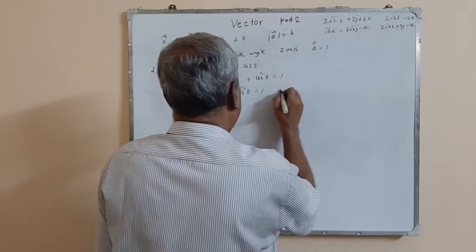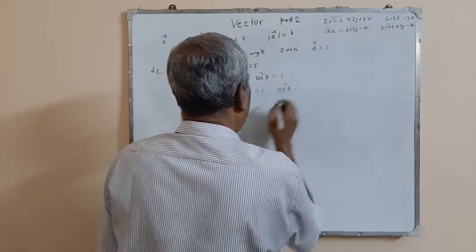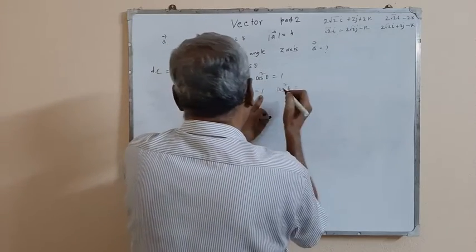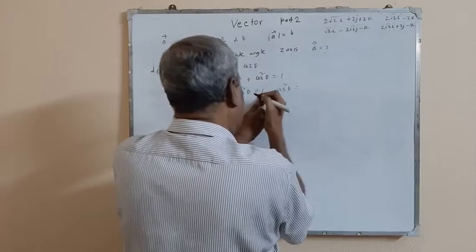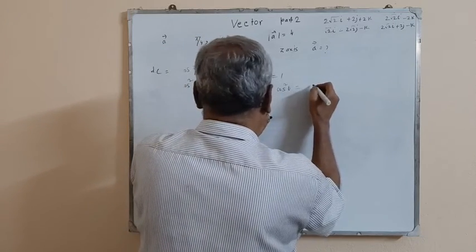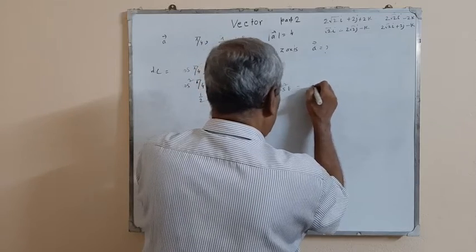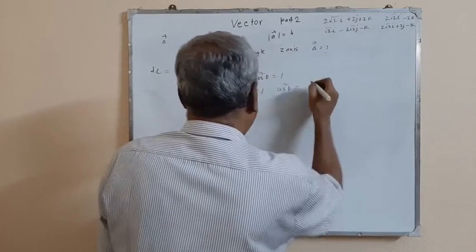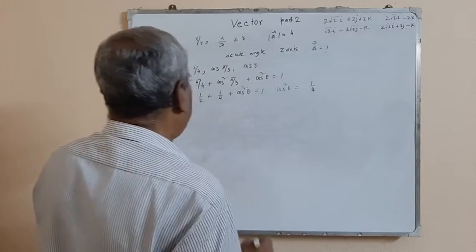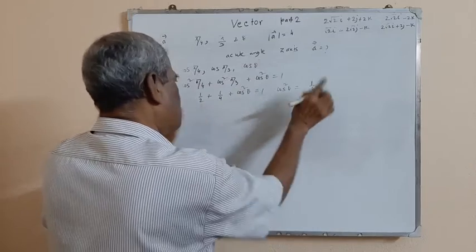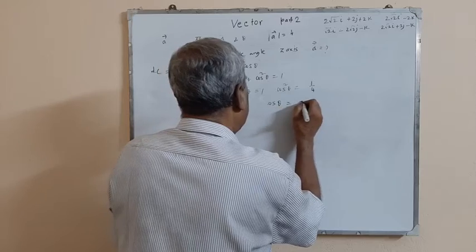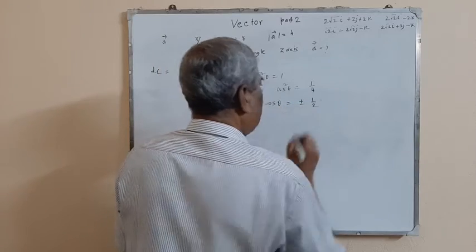So cos square theta is 1 minus half minus 1 by 4, that is equal to 1 by 4. Then cos theta can be solved, plus minus 1 by 2.